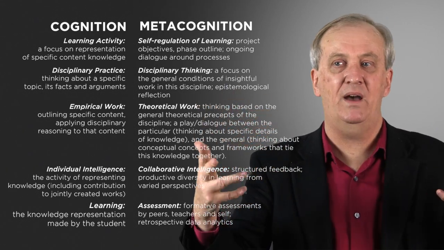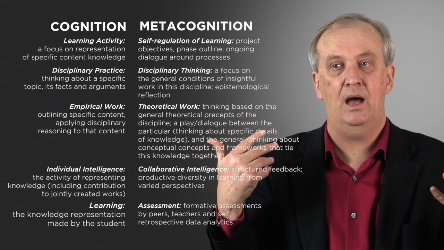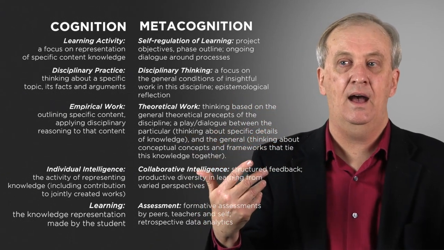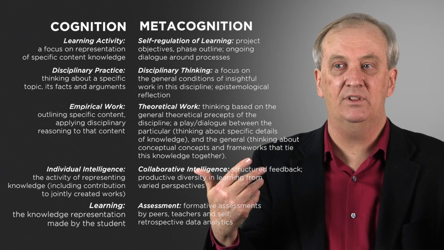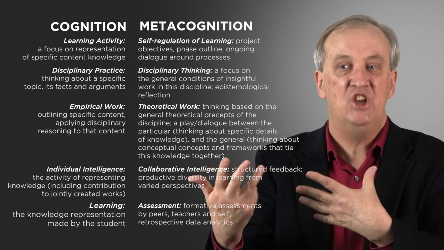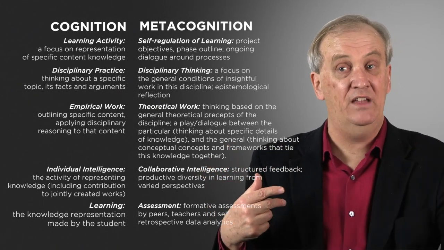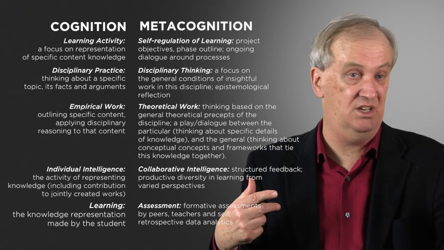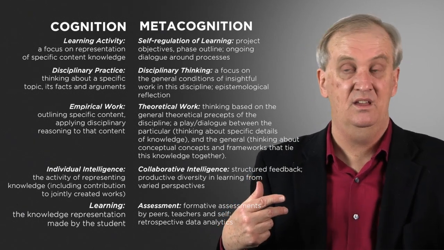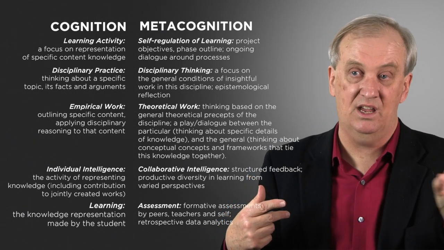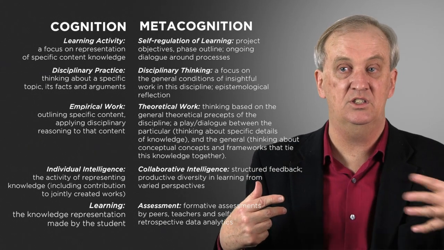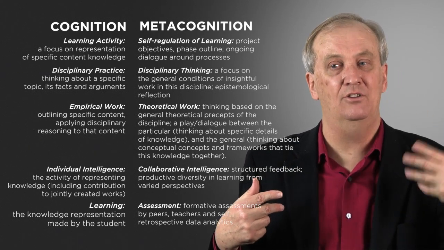We're doing thinking based on the general precepts of the discipline and thinking about the relationship of the particular and the general all the time. On the left, we've got individual intelligence if it's a singly authored piece of work. In fact, it may be multiply authored, but let's say it's singly authored. We've got individual intelligence, which is the activity of representing knowledge.